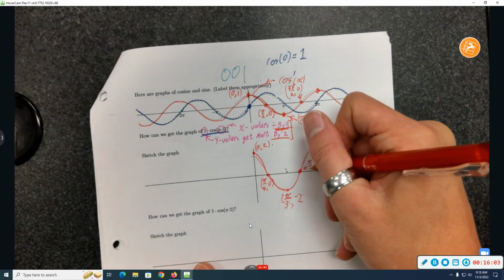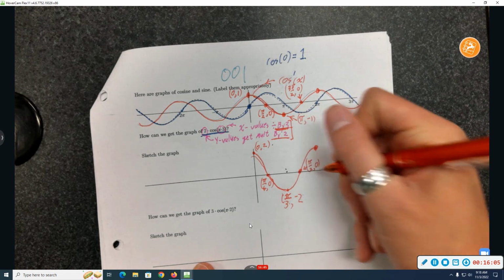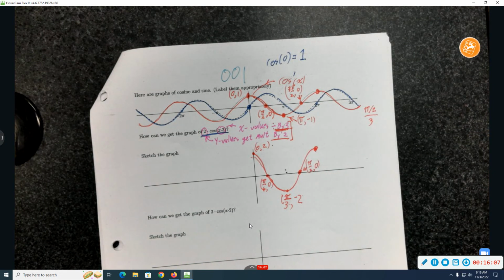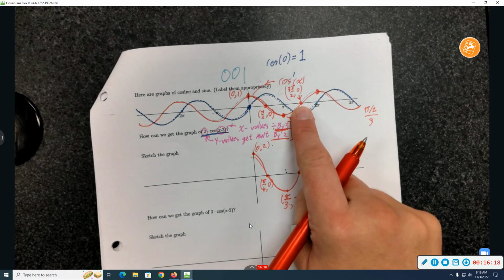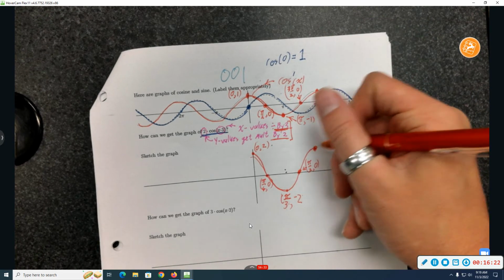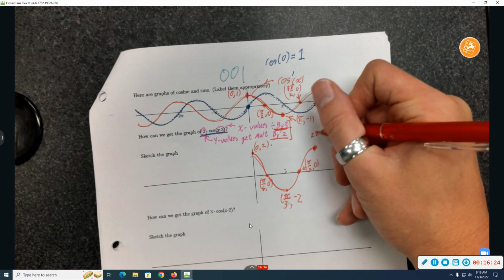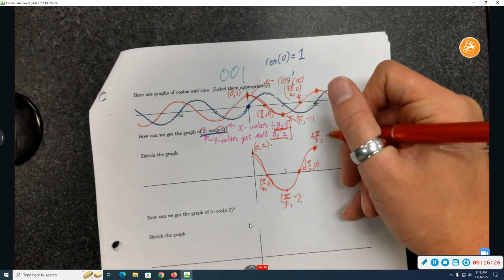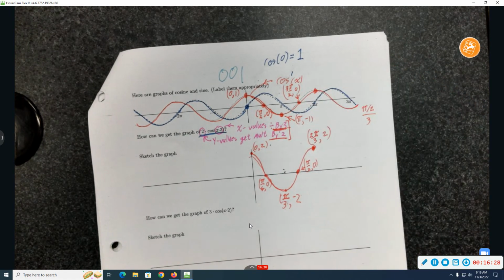I hear pi over 2 comma 0. Anyone disagree? Yeah, right. You divide by 3, the 3 in the numerator cancels, and stretching vertically doesn't matter if you start at 0. And then finally this point at 2 pi will wind up at 2 pi over 3 comma 2, I guess.